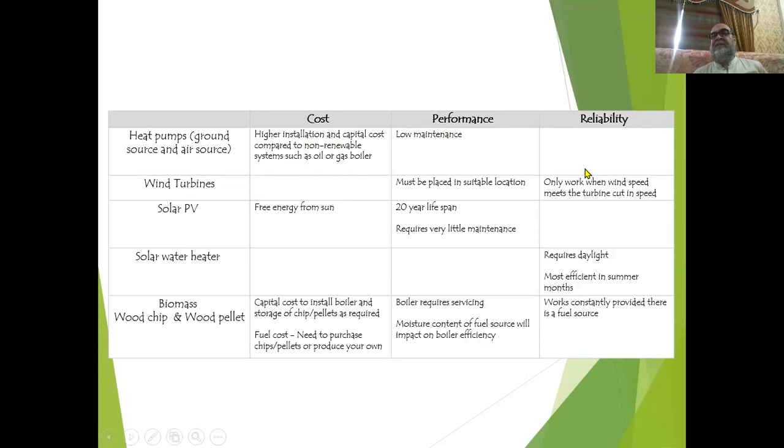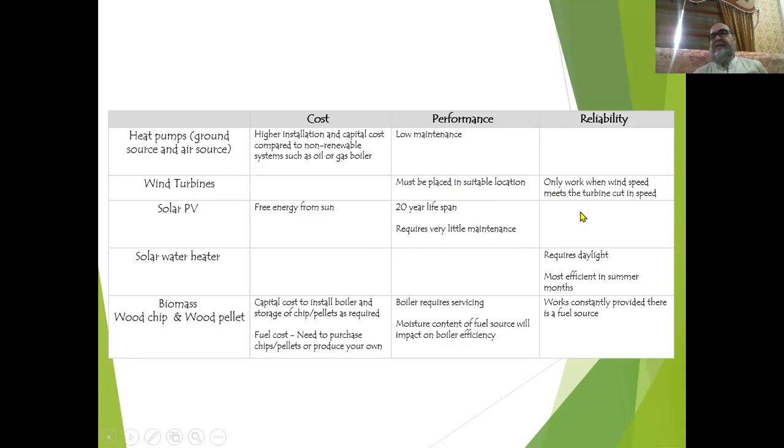Reliability is still questionable. The wind turbine must be placed in a suitable location and works when wind speed meets the turbine cut-in speed. Solar photovoltaic cell: free energy from the sun, 20-year lifespan, requires very little maintenance.